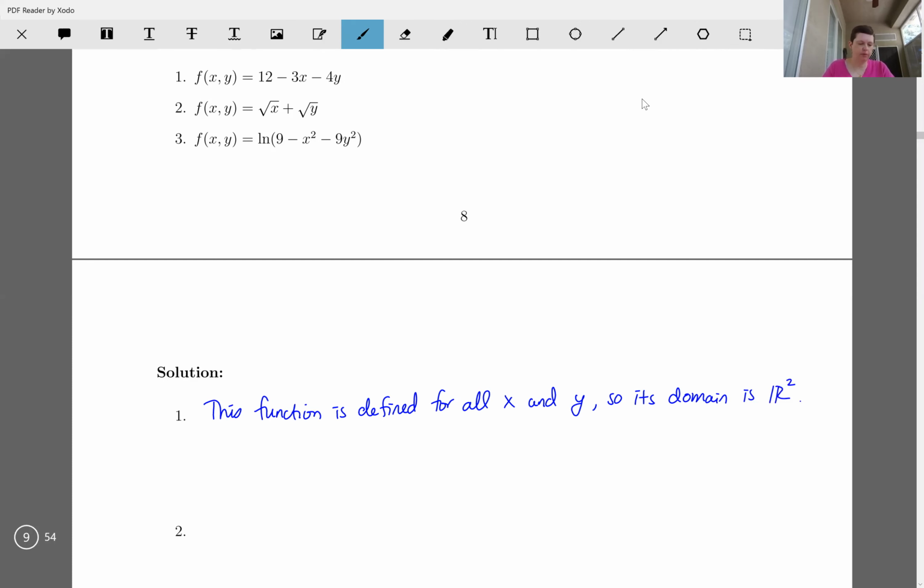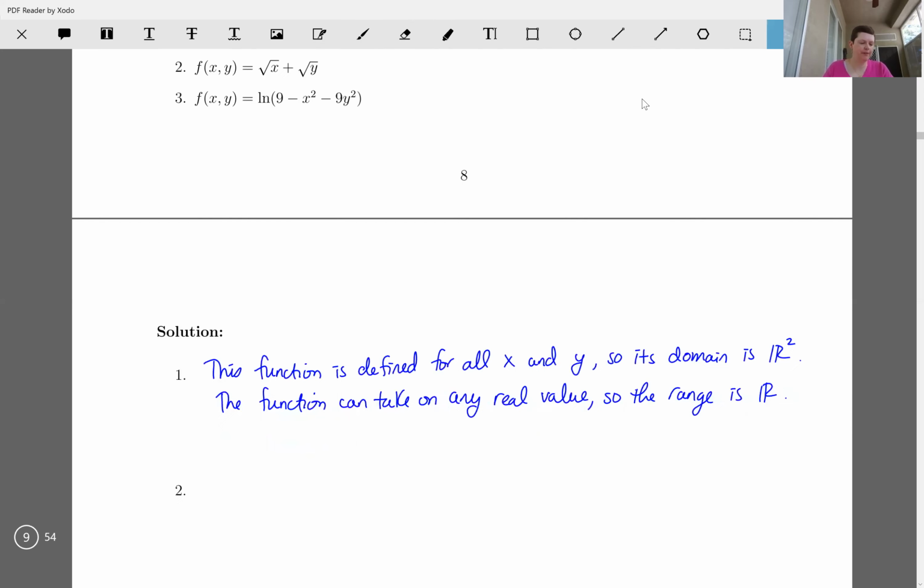What about the range? Well, the function can take on any real value. Whatever we put in, we're going to get out a real number. And so the range is R.